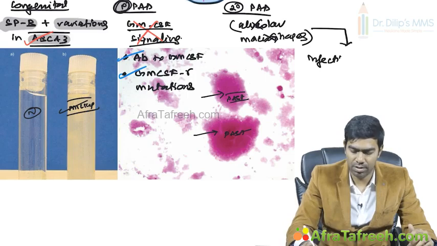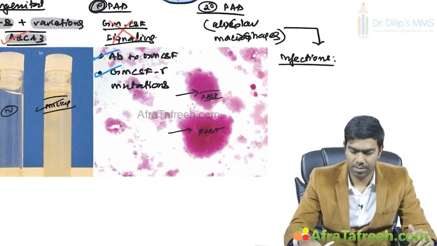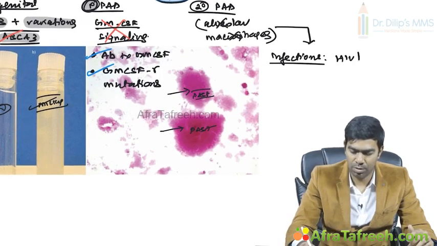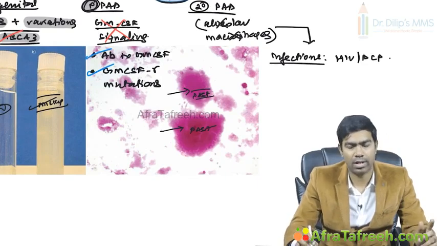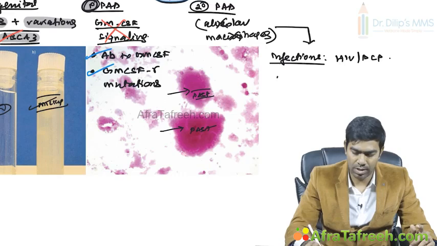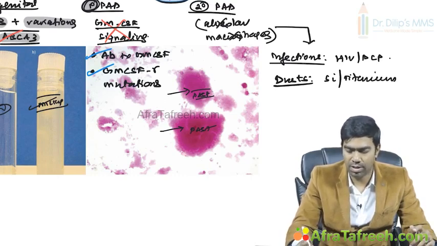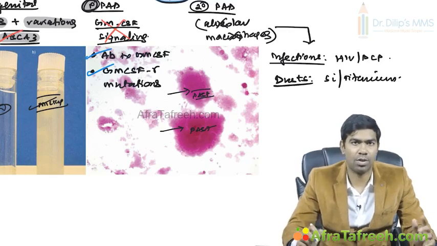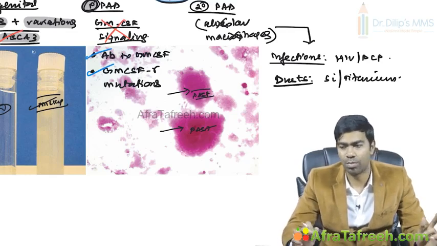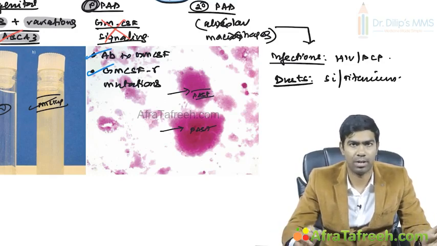First, infections like HIV, Pneumocystis carinii pneumonia. Second, you can get it with some inhalational dust, very commonly silica, especially with high exposures, and titanium. That is why you have to remember the disease acute silicoproteinosis, which is due to high exposure. Why is it called silicoproteinosis? Because it produces secondary PAP.